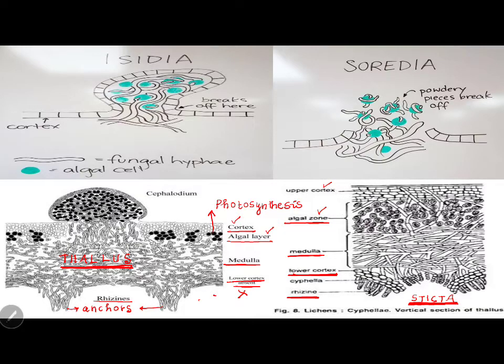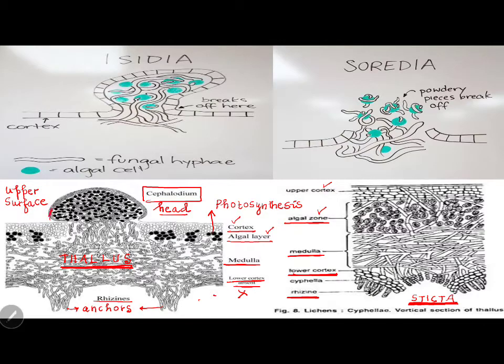Now here if you see, I have cephalodium. The word cephalo means head. So cephalodium is on the upper surface. This is nothing but small swellings on the upper surface of the lichen, that is on the cortex.